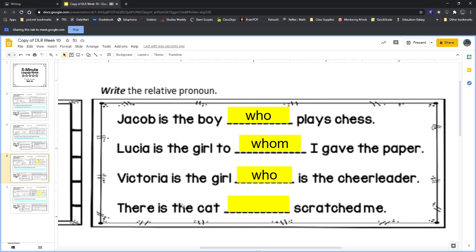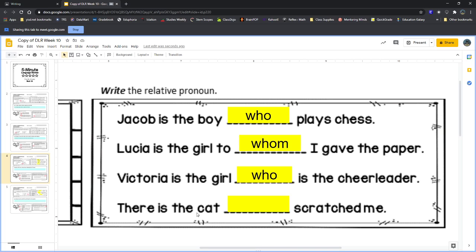In the last sentence, there is the cat blank scratched me. Jadine, what word belongs in that blank? Not who, because a cat's not a person. We use who for people. So who can tell me? I don't want to use who or whom because that's for people, but the cat's not a person. Kylie?